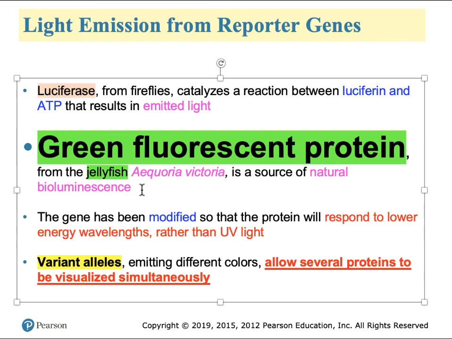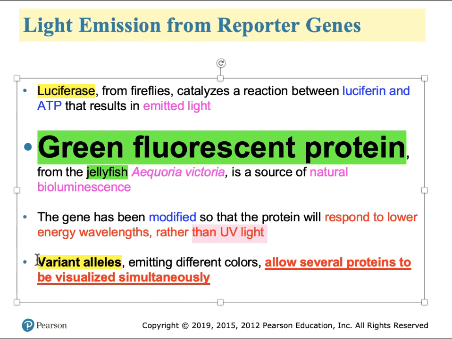Under natural environmental conditions, ultraviolet radiation hitting the tissue of the jellyfish results in emission of wavelengths of light that can be detected by human eyesight. In order to overcome the dangers of using ultraviolet light, scientists have modified the natural green fluorescent protein to now respond to lower energies of light, such as blue light.